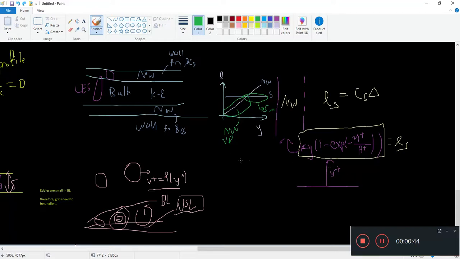We also talked a lot about how the inspiration from the Van Driest model was used for LES modeling. So that's some of the background that we have been talking about for turbulence modeling.